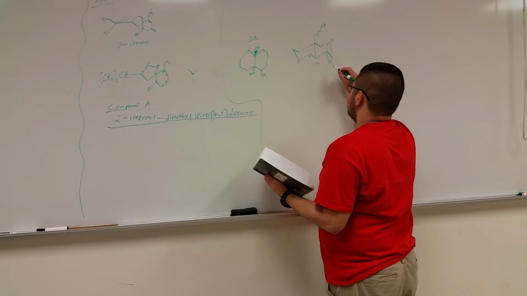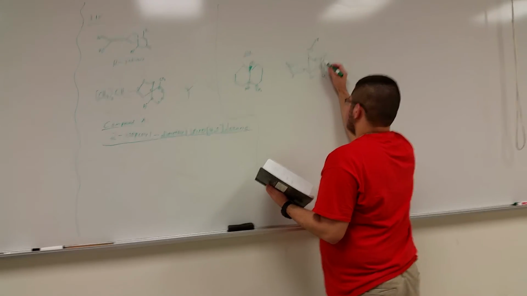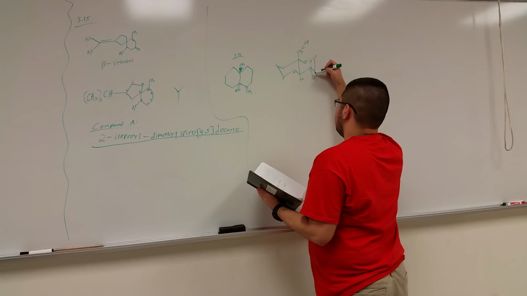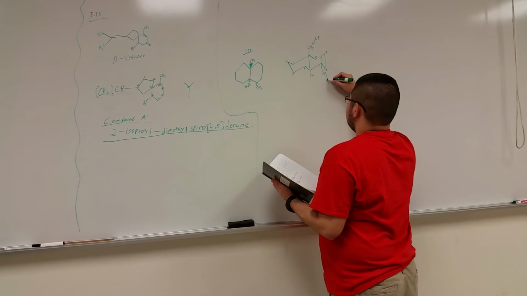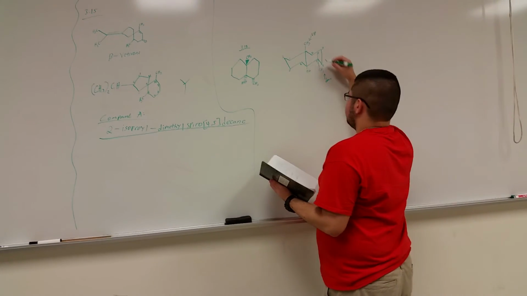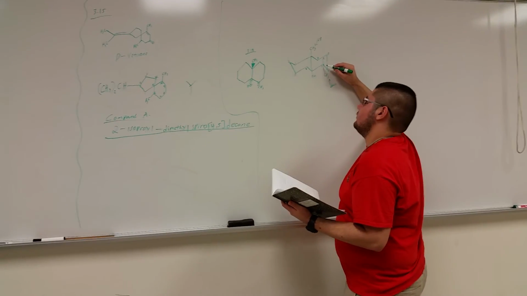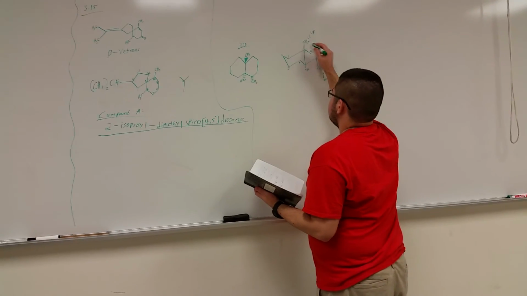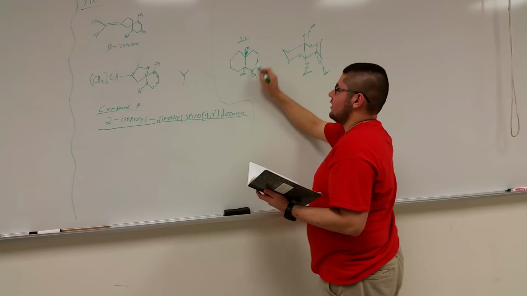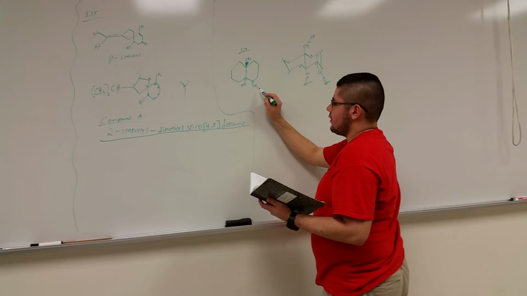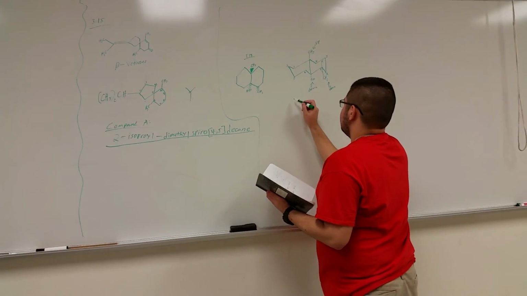It's kind of hard to tell, but this hydrogen is up while this methyl group is down. So this methyl group is down with respect to this hydrogen right here on the cyclohexane. So this is up right here and that is down, based on what they gave us on this structure right here. And this is what it looks like.